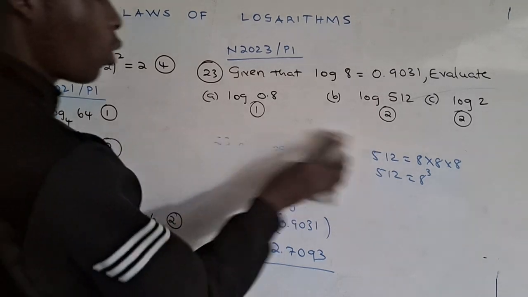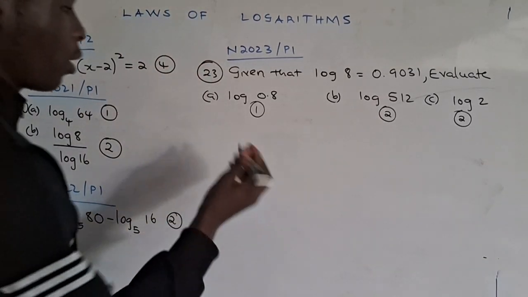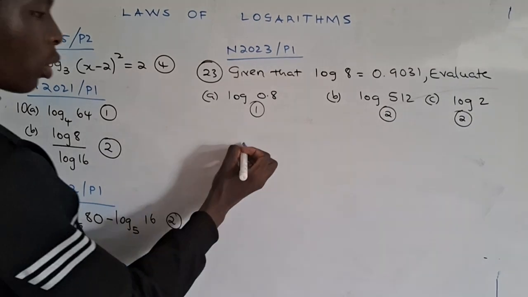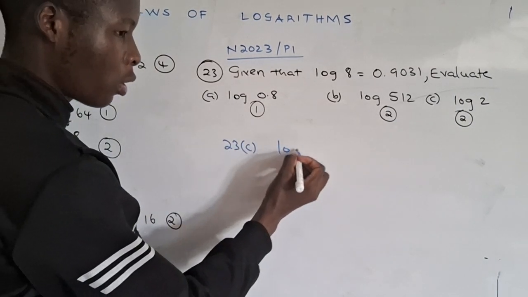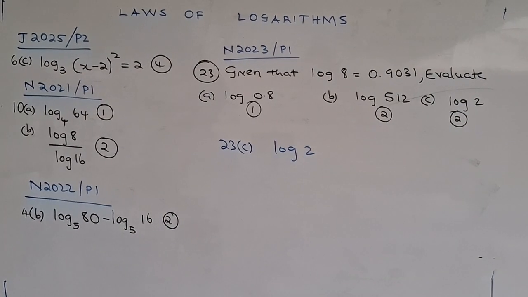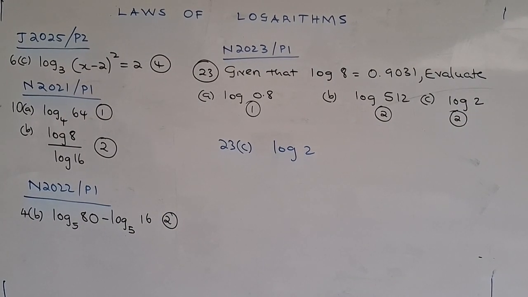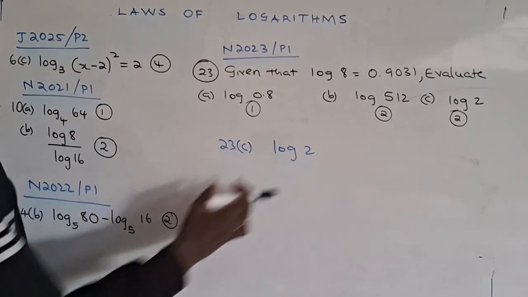Let's move on to the last question, 23C. We have log 2. Log 2 is given. So this is 23C, log 2. Now what are you supposed to do?